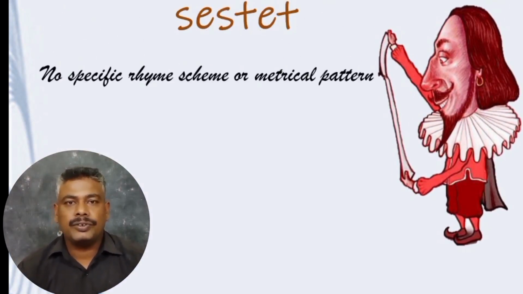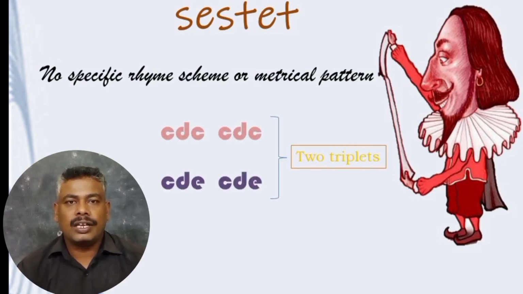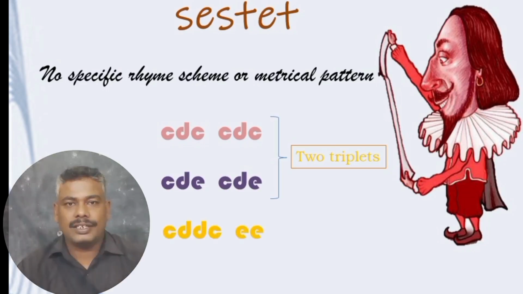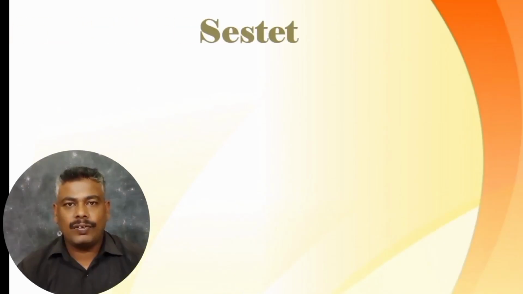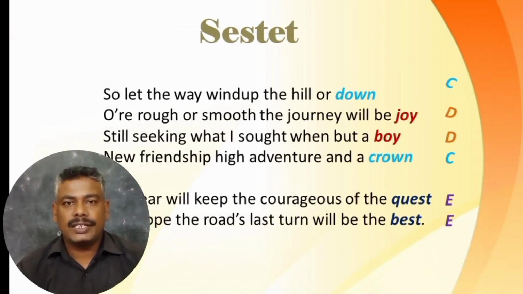Most frequently used patterns are CDC, CDC or CDE, CDE or CDDC, EE. Our poem Life follows the pattern of CDDC, EE.